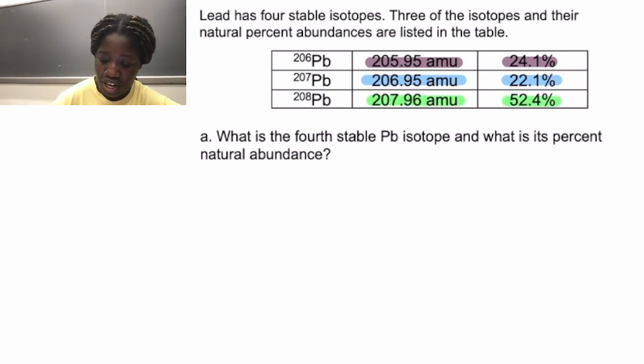And part A is asking us the 4th stable lead isotope, and it's asking for its percent natural abundance. Now, this is a weighted average question, and the way that you approach it is that you have a component. In this case, let's start with lead 206.